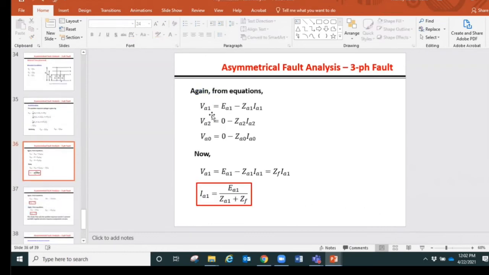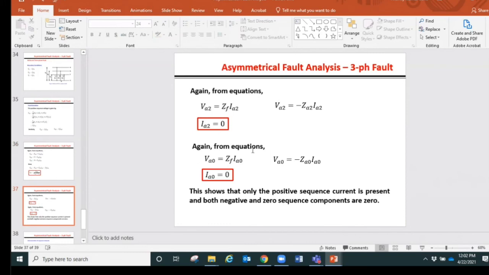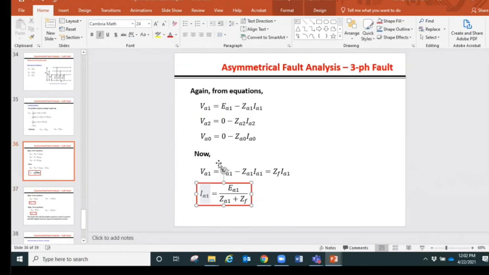From the equations, if we simplify them, we find it like that, and then we determine IA1, VA1, and then IA2, VA2, and VA0, IA0. We find that IA0 is equal to 0. Because it's a three-phase to ground fault, a symmetrical fault, only one component will be present, which is IA1.